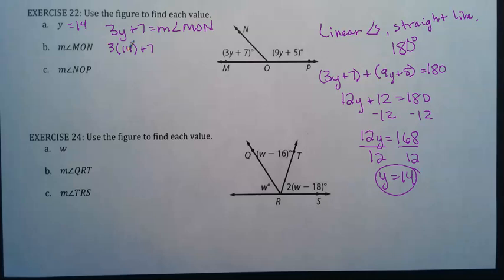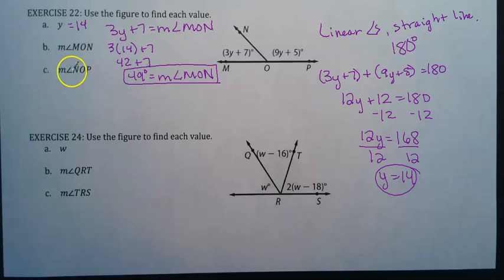Is that 42? Yeah. All right, 42 plus 7. So 49 degrees is the measure of angle MON.